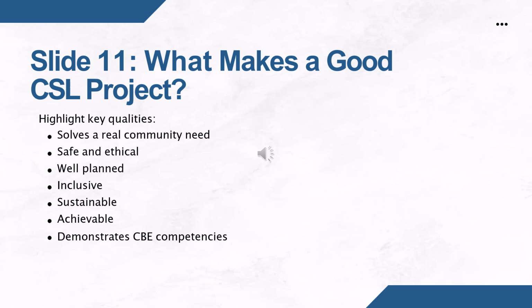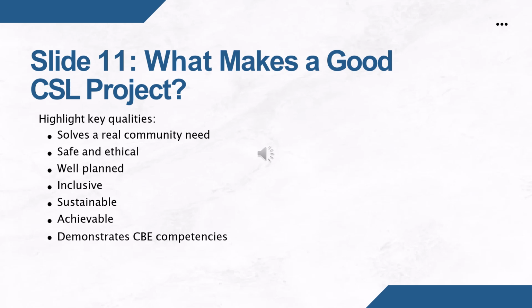This means setting clear objectives, assigning responsibilities, preparing the necessary resources, and following a realistic timeline. It should also be inclusive, giving every learner the opportunity to participate and contribute according to their abilities.